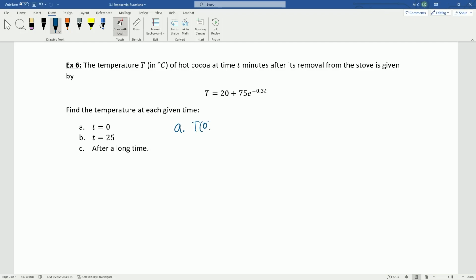So T(0) is 20 + 75 times e^(-0.3 times 0). That's 20 + 75 times e^0, right? And e^0 is 1, so this is 20 + 75, which is 95.